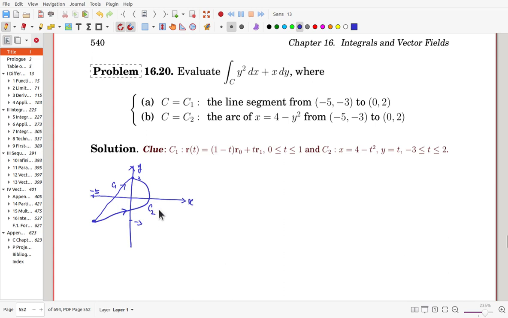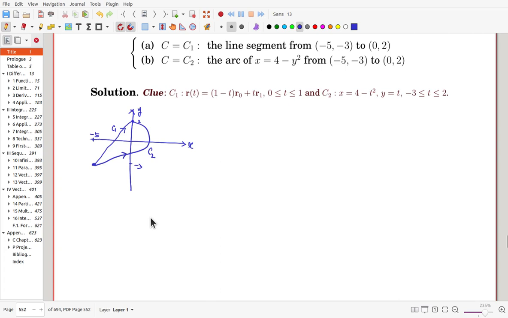So we'll try to get the line integral with these two different curves. Let's focus on C1 first. C1 is a line segment, so it can be parameterized by using this formula, where t is moving from 0 to 1.